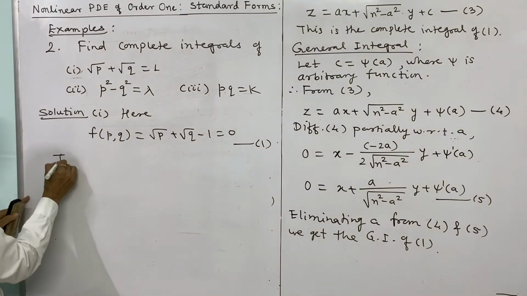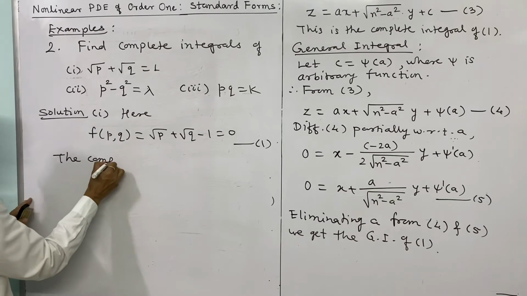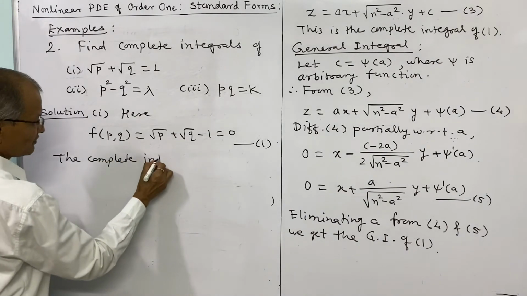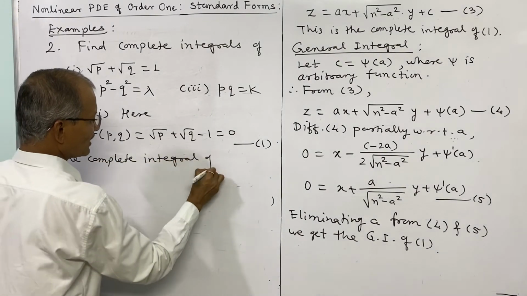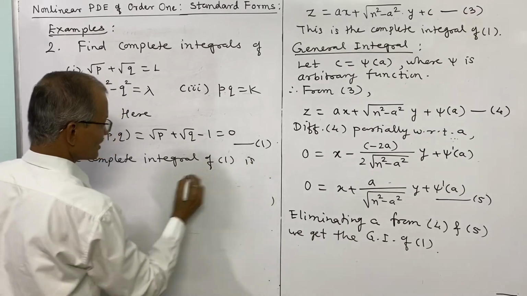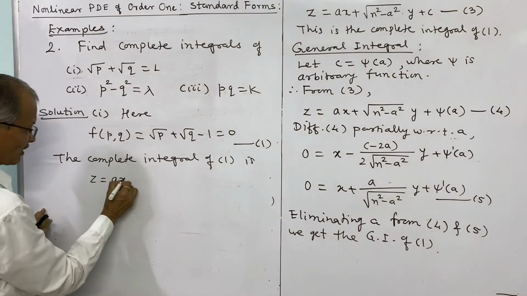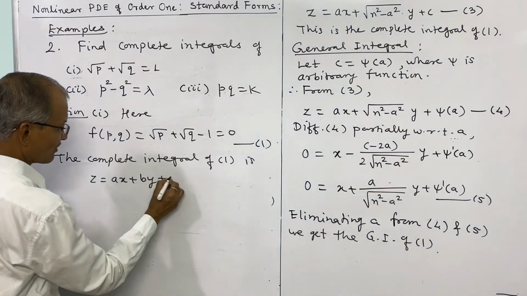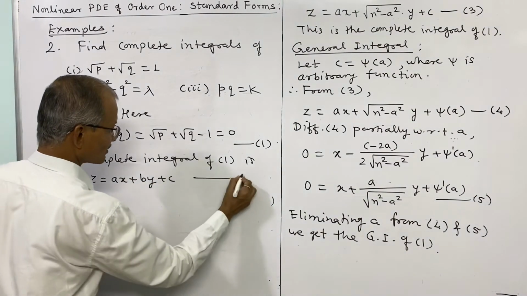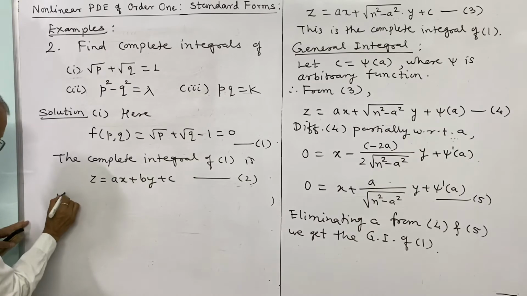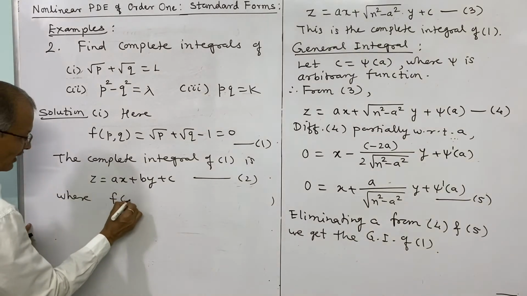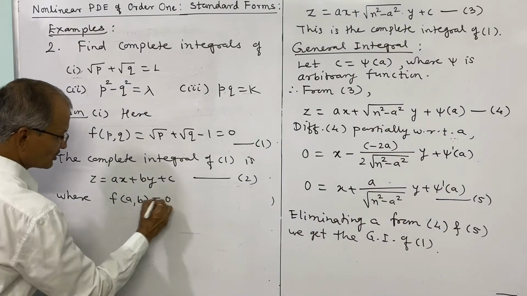And the complete integral of 1 is in a fixed form: z is equal to a into x plus b into y plus c, where the function of a and b must be 0.